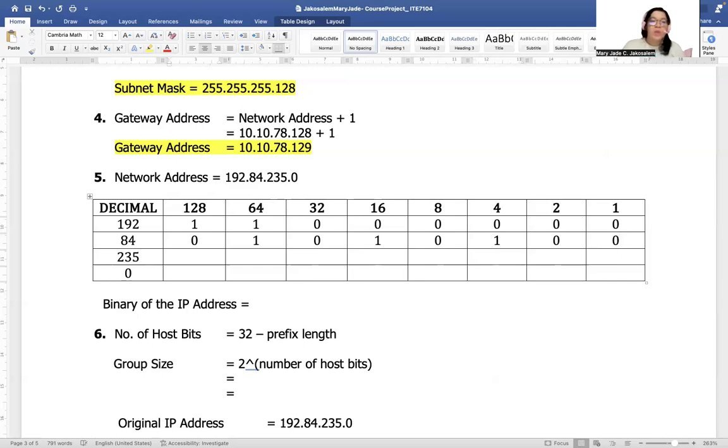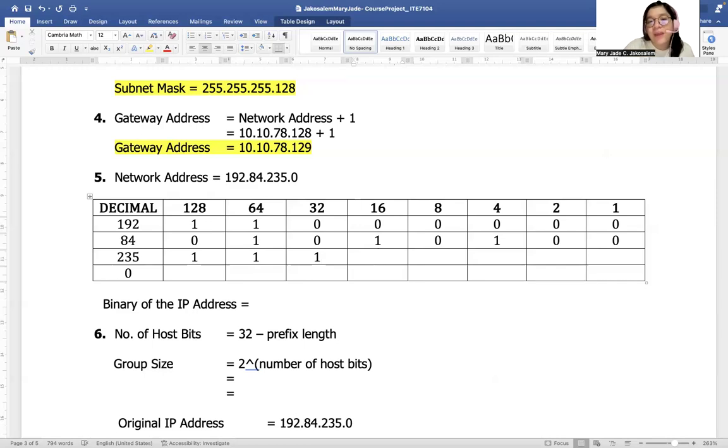And the last one, 235. 235 is greater than 128, so it's another 1. Remaining value is 107. I'm using a calculator. So 107 is greater than 64, so another 1. 107 minus 64 is equal to 43. 43 again is greater than 32, so another 1. Then we deduct 32 from 43. The answer is 11.